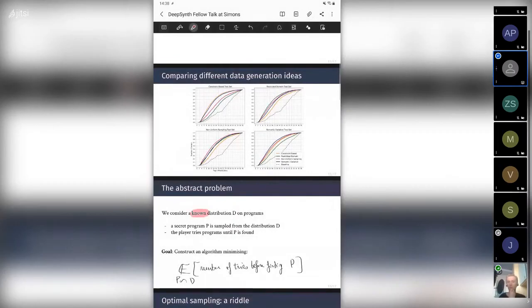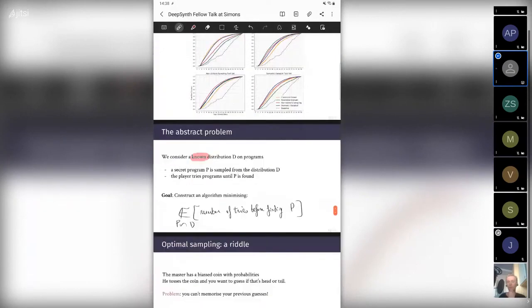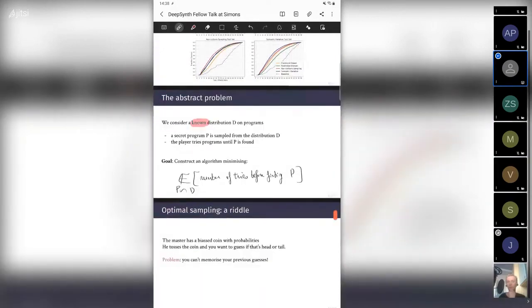But because I know the distribution D, I have some very important information. For instance, it looks very natural to start with the programs that are the most likely. So this is an abstract question that helps us think about this enumeration question.